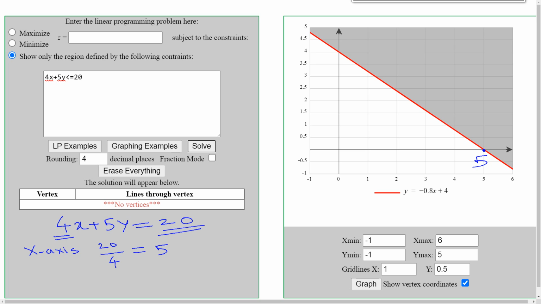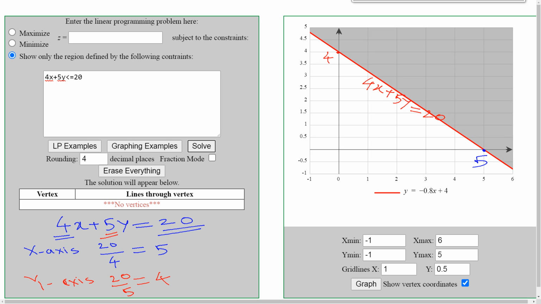Point on y-axis is given by c upon b, which is 20. Value of b is 5 here. So 20 upon 5, which is equal to 4, and point on y-axis is 4. Thus we have obtained the line 4x plus 5y is equal to 20.